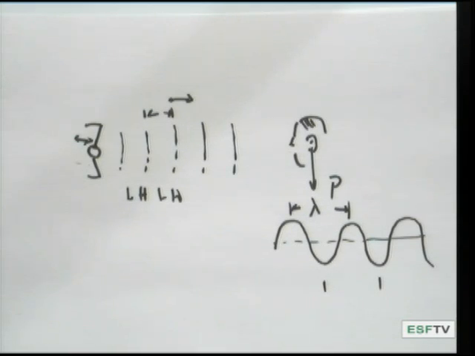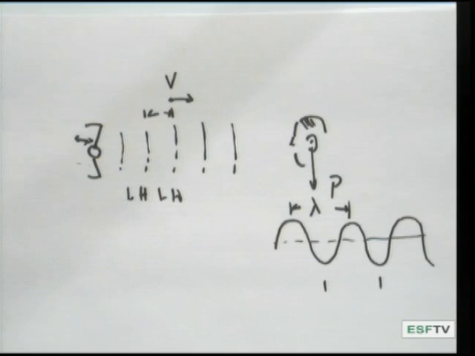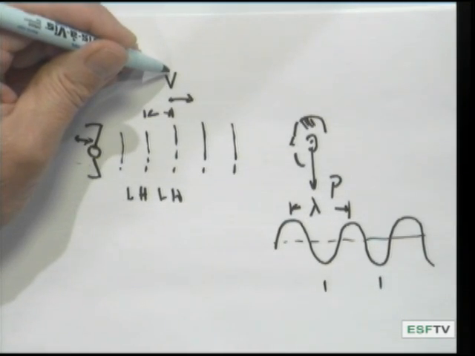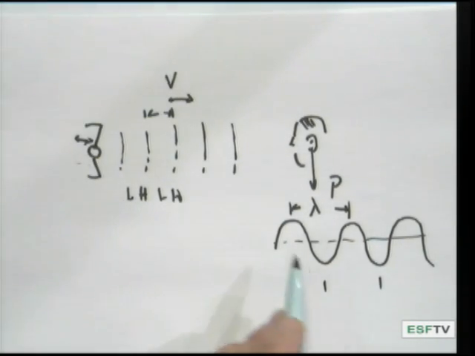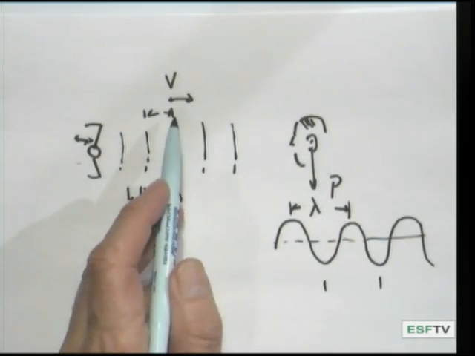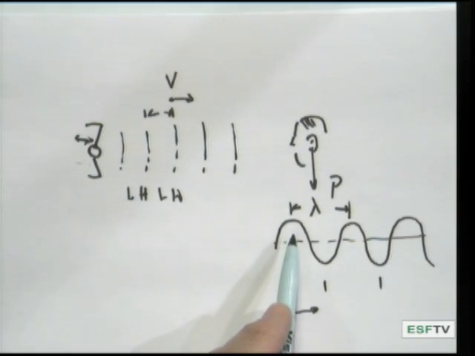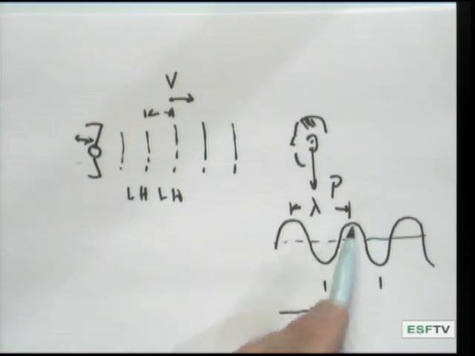Now, in order to fully characterize the sound wave, we have to quantify a couple of other properties. First is that there's going to be a certain speed with which those waves propagate away from the speaker, and we can refer to this as V. And therefore, if we come back and measure the pressure at our ear, this V is going to translate into a certain time signature. That is, there's going to be a certain time required for the pressure to go from one peak to the next peak.